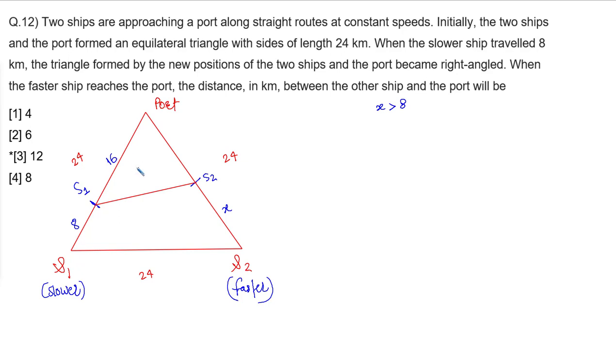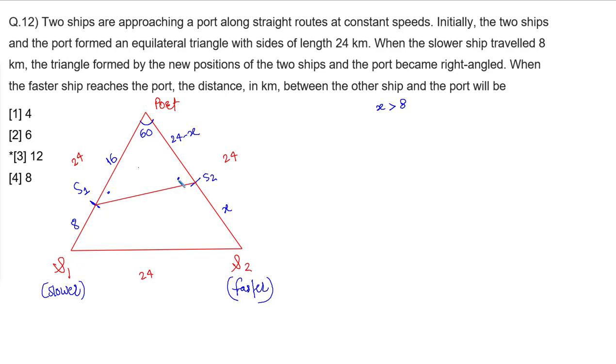Now in this triangle, which angle is going to be 90 degrees? Let's try to identify. As the bigger one is an equilateral triangle, this angle is compulsorily 60 degrees. The length of this side is 24 minus x. Now among these two angles, one angle is 90 degrees. So which one? In a right angle triangle, the side opposite to 90 degrees, that is the hypotenuse, is always the longest side.